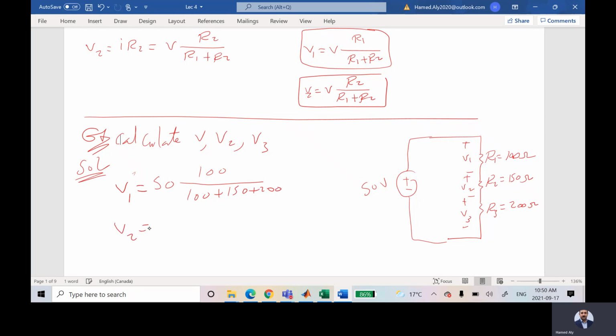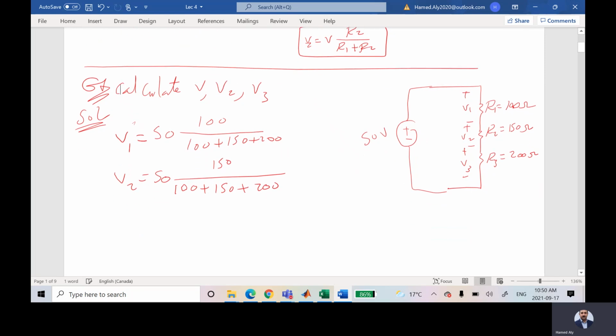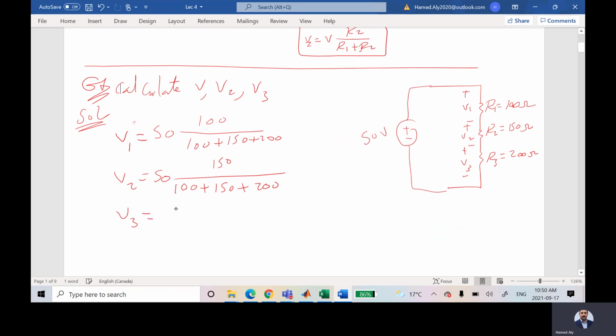What about V2? 50 times 150 over 100 plus 150 plus 200. And again, if I would like to calculate V3, this guy will be 50 multiplied by 200 divided by 100 plus 150 plus 200. And I can repeat the same story for 5, 10, 11, 12, whatever number of resistors.